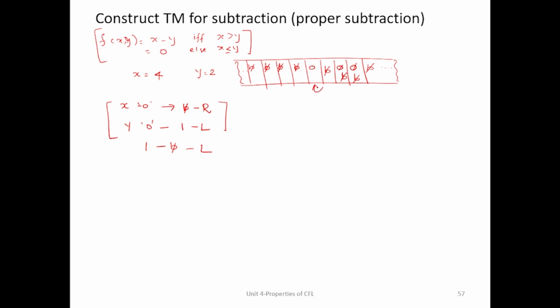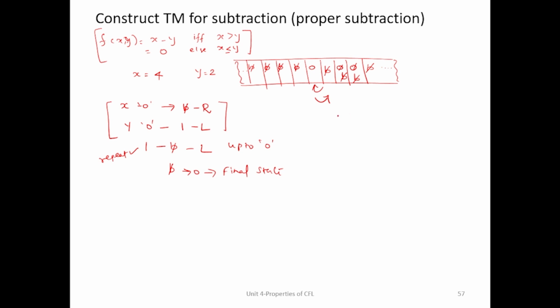Then if the control head reads a symbol 0, up to that 0 the same process is repeated. If the control head reads 0, then go to the right direction, change the blank space to 0, and go to the final state.